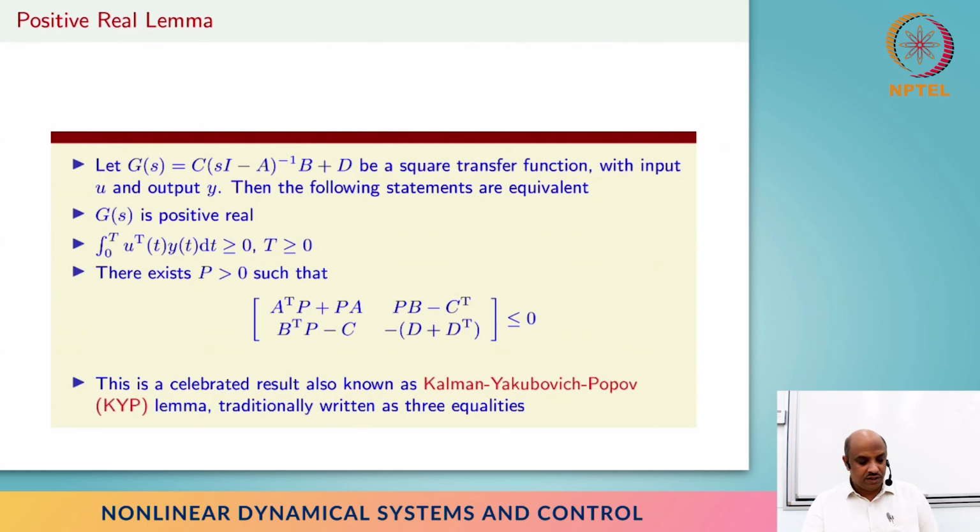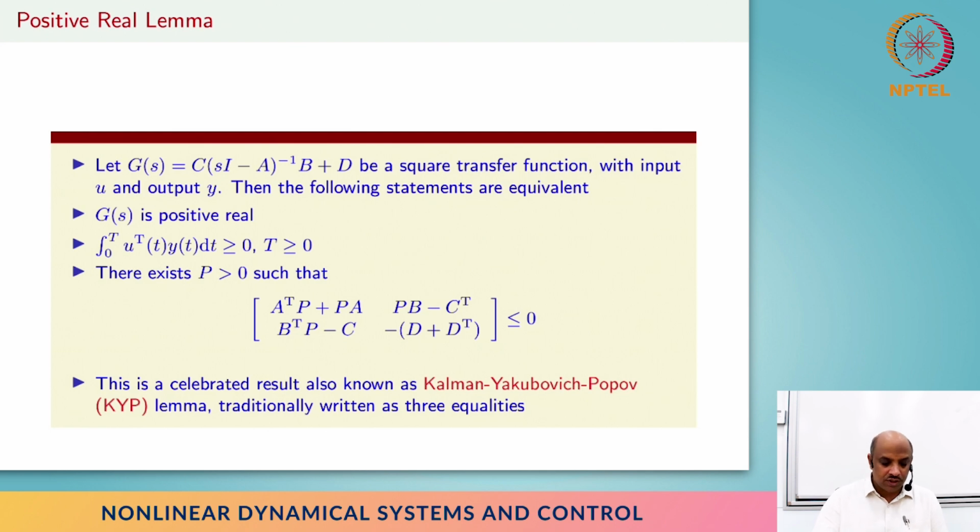Like I said, this was discovered much before people started looking at uncertain systems, for different purposes, and there's a lot of rich history behind this series of results. Originally these were discovered in Russia, and Yakubovich, one of the first inventors of linear matrix inequalities, and Popov later extended some of these results, and finally Kalman brought them to the US and presented the most general condition.